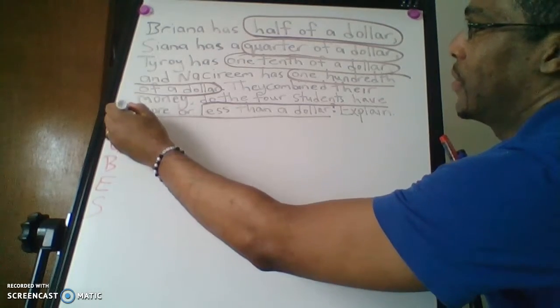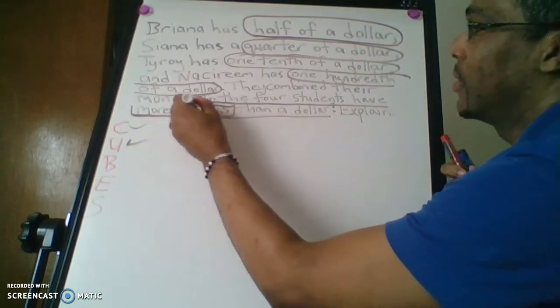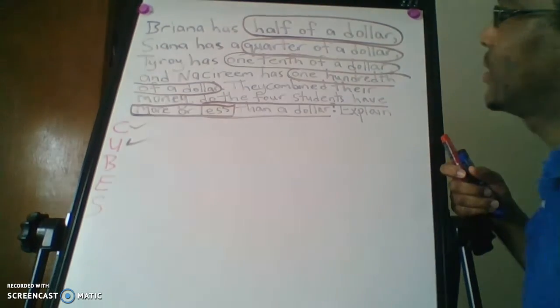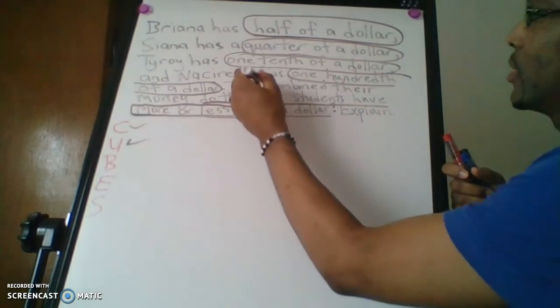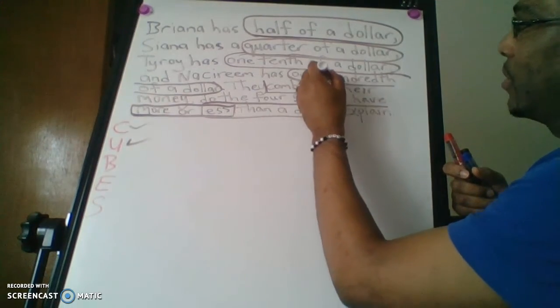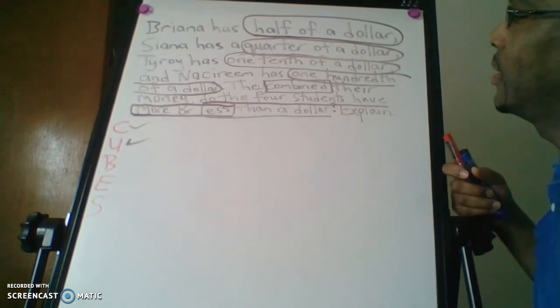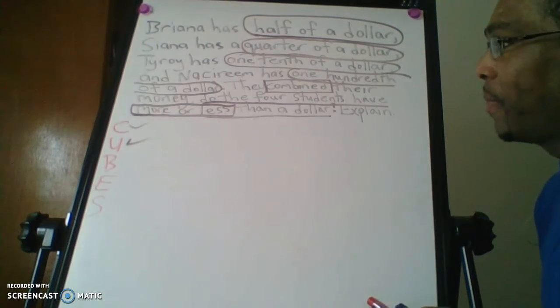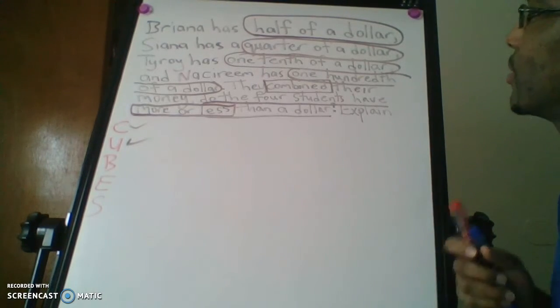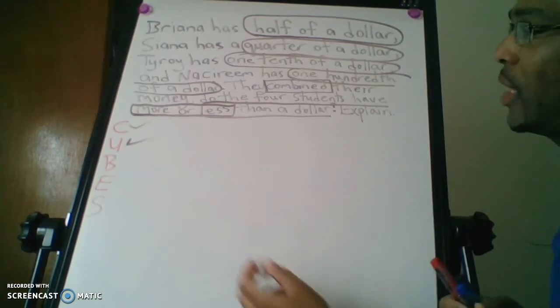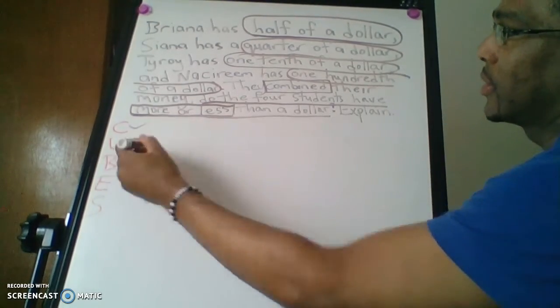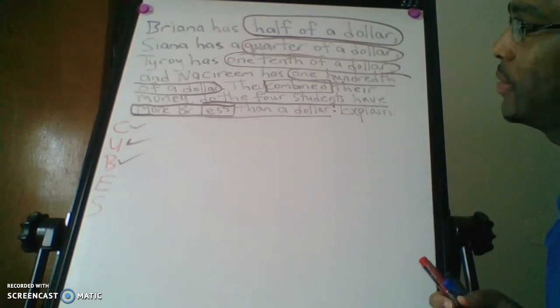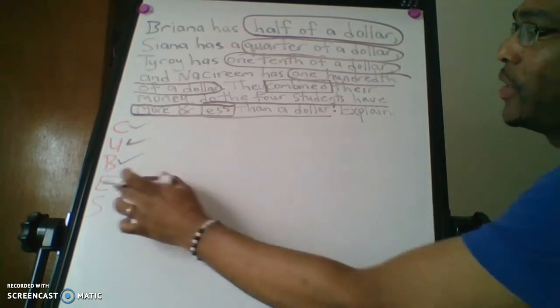So now I'm going to box more or less, and I'm going to box the word combine, because the word combine tells me that I have to add. More or less tells me I have to make a decision whether one is more or less, obviously. Okay, so now I did box my numbers.